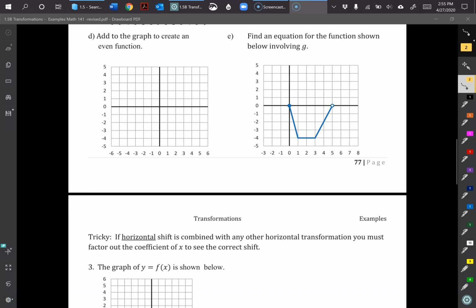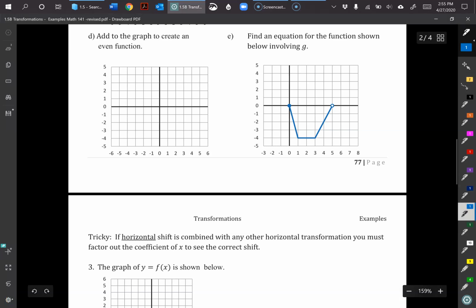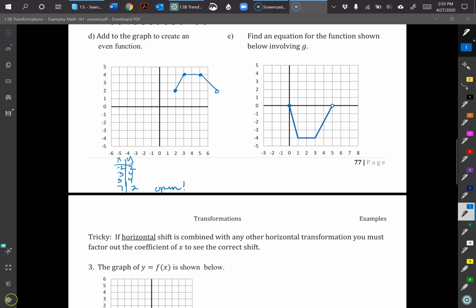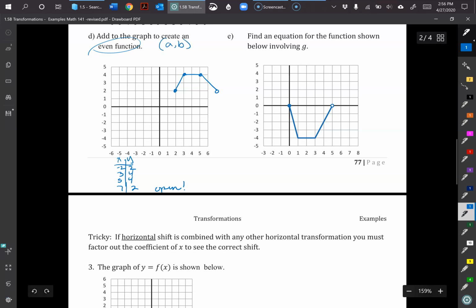Okay, so my original graph again is right here. I'll pause it. I also jotted down the points there in a table format so we can use that. To have it be even, we need to have the situation where if we have (a, b), then also we will have (-a, b).